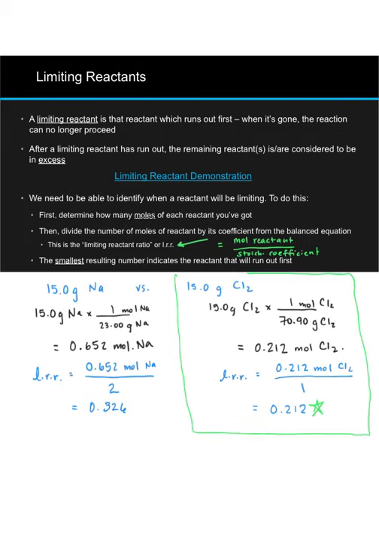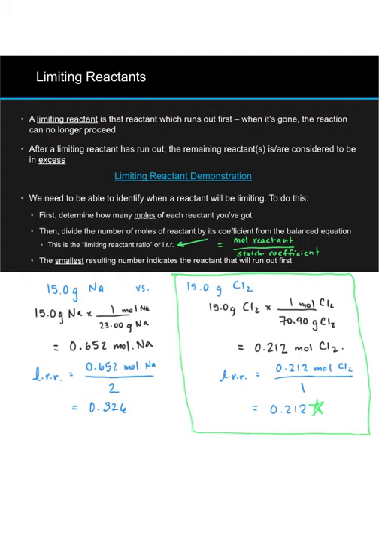When we react 15 grams worth of sodium with 15 grams worth of chlorine, chlorine, because it's present in the smallest relative amount given by the smaller of these two limiting reactant ratios, is going to deplete first. Once chlorine runs out, there's no more of it to react and produce further products.